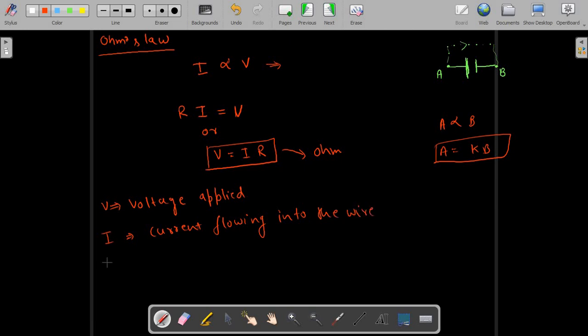Is it delta V equal to IR? No, it's just V, not delta V. R is constant. Why would there be delta V? Because you have just a battery, and a battery has one voltage only. So R will be the resistance of the wire.